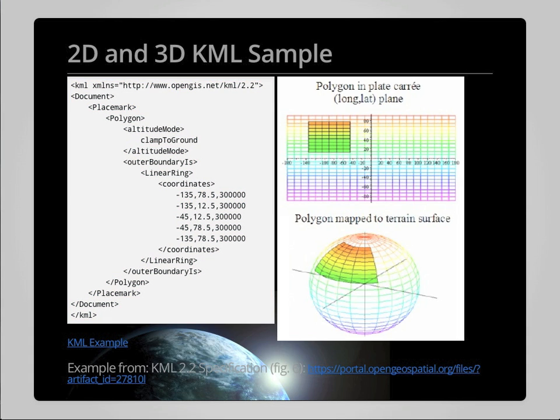We're defining a placemark. Within that, we're defining a polygon, where that polygon then contains a number of elements. First, we're defining the altitude mode of the polygon. Here, saying that we want to essentially clamp that polygon to the ground surface.